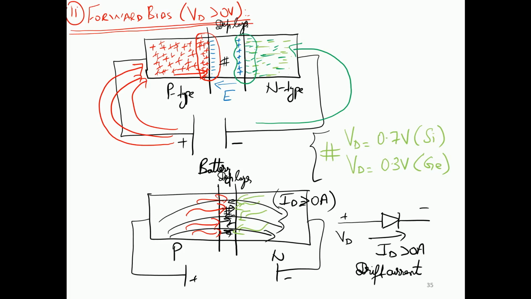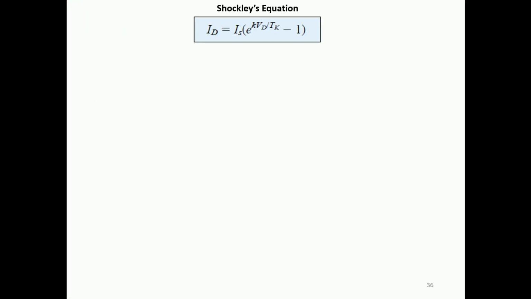Similarly, we can now talk about the third condition, which is called the reverse bias condition. We'll talk about this equation later, and let us first discuss the third condition. The third condition is called the reverse bias condition. Obviously, we normally don't intend to utilize it, but in some scenarios we may, so it is important to understand.